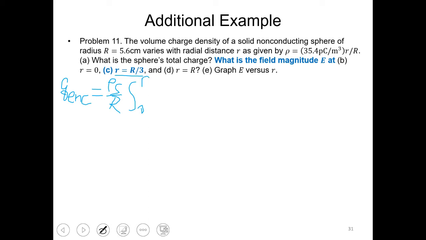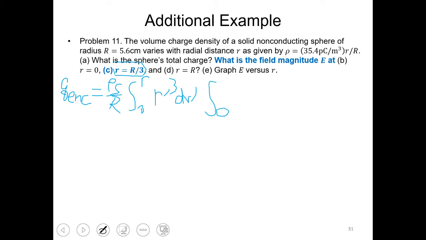Maybe we can write it as r prime because we already have an r here. Now we do not integrate from 0 to capital R again. We only integrate from 0 to small r, or capital R over 3 in this case, because the Gaussian surface will be like this.